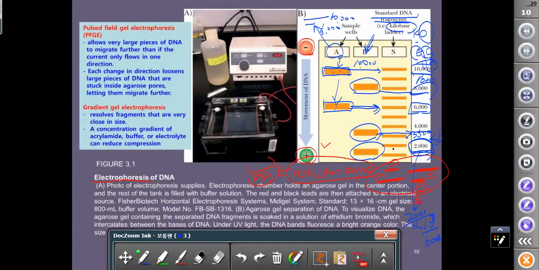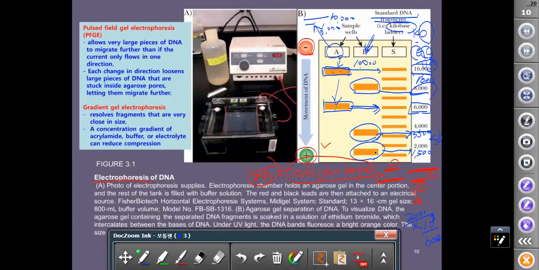And this one is a little below 2,000, so should be about 1,500 maybe. From that you can learn which size of DNA fragments your samples have after this experiment.